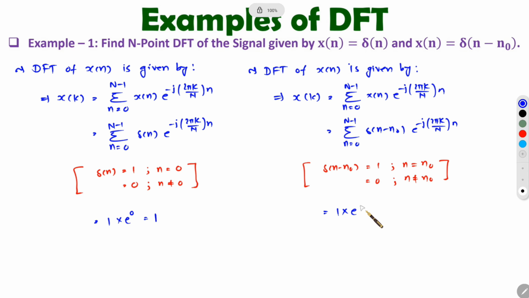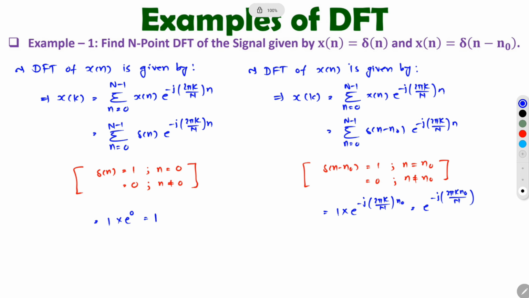So here we have e to the power minus j 2 pi k by capital N into n naught. Now I have substituted n equals n naught, where delta of n minus n naught is 1, otherwise it is 0, right? So this is e to the power minus j 2 pi k n naught by capital N.